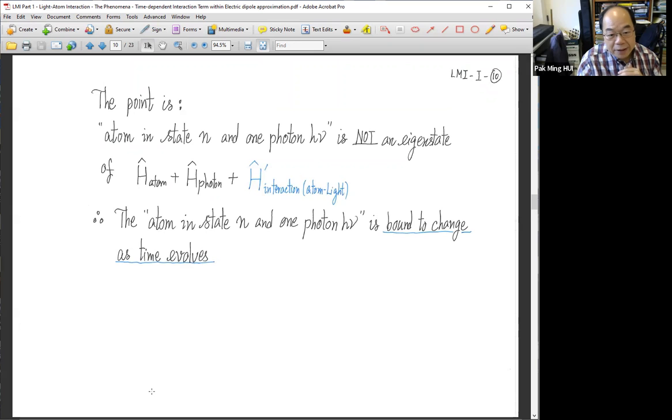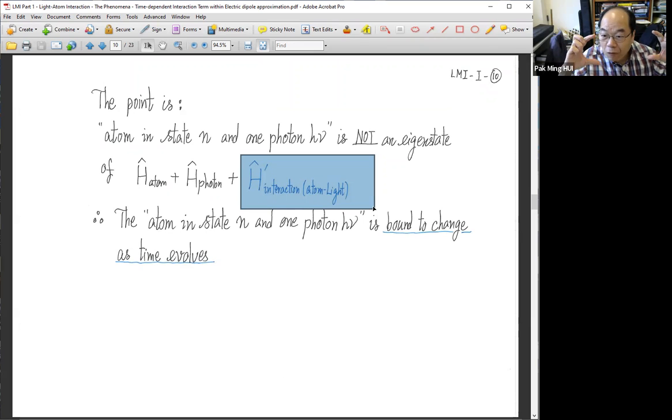So the point is, we have to look into this interaction term. What is the mathematical form? If we can write it down, then we know the characteristic of this interaction, and therefore we know what theory to develop to explain its effects.